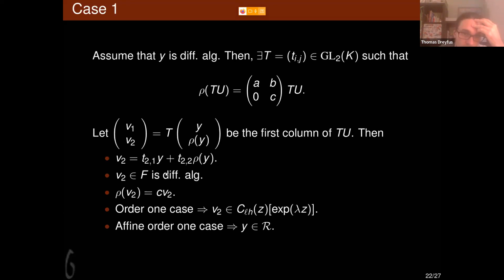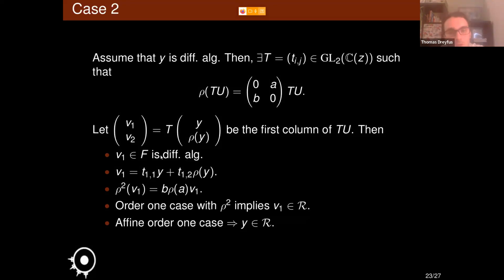And then you consider v1, that is solution of an affine order 1 equation, and the inhomogeneous term has coefficients in R, because v2 belongs to R. And then you may prove similarly, as in the affine case, that v1 belongs to R. And if v1 and v2 both belong to R, you may multiply by T minus 1 to the left, and you arrive at the conclusion that y belongs to R.